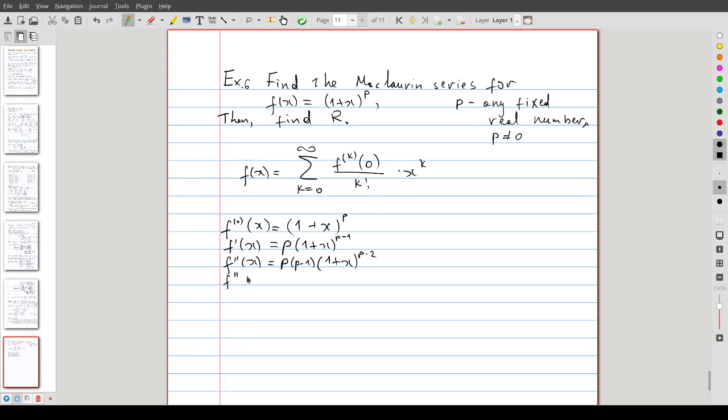Then the third derivative is p times p minus 1 times, differentiating this power gives me p minus 2, and then I have 1 plus x to the power p minus 3. This sequence can be continued.